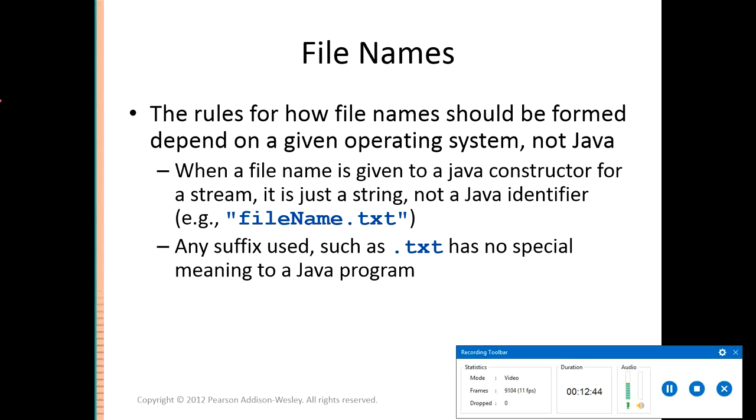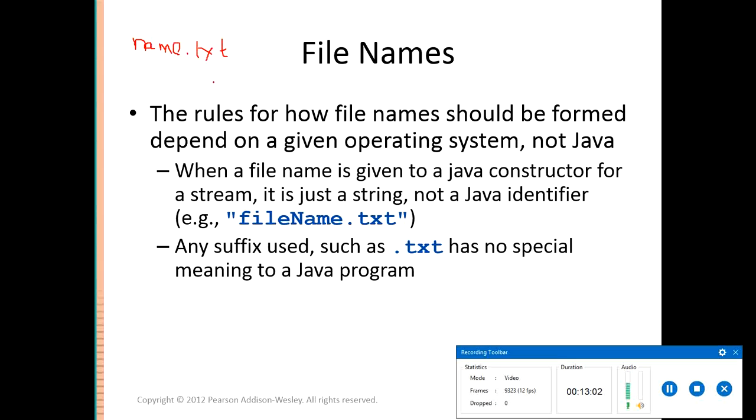Now the rules for how the file names should be formed. First of all, we have a name of the file. We always give a name of the file, dot followed by its extension. Text files always have the extension .txt.